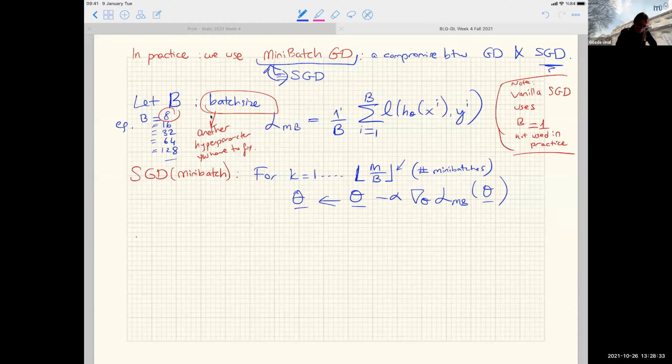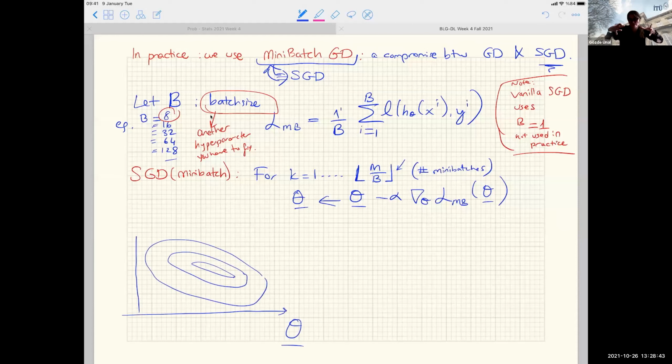So here, if I had some loss iso-curves like this, let's say this is my theta. Just imagine these are of course always in higher dimensions, but our visual display devices are 2D, so that's why we are projecting them to 2D. We calculate the gradients here, and I'll just try to make this up.